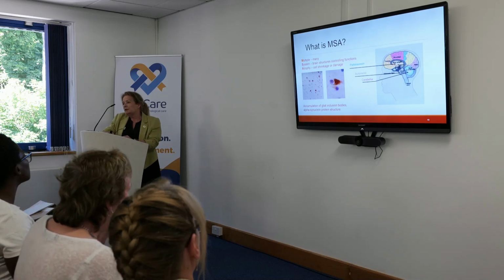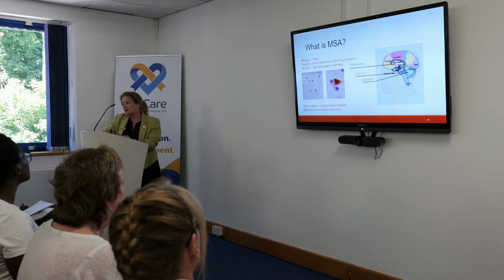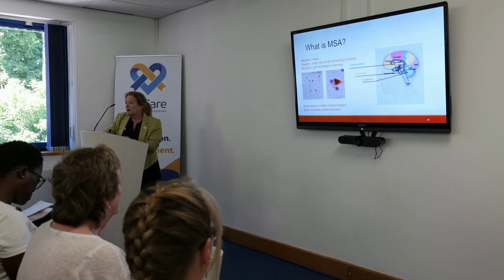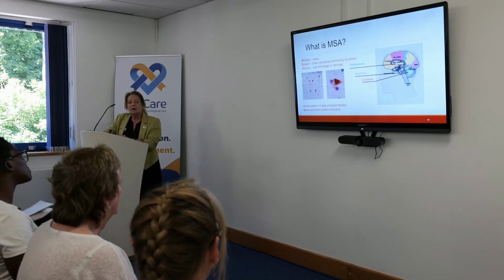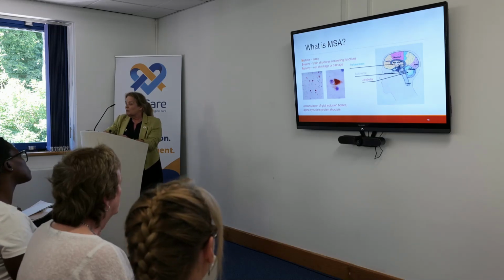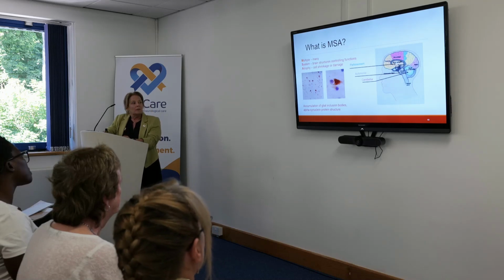But they will all have a degree of autonomic disturbance because the brainstem is also affected in early disease. Of course, your brainstem houses your midbrain, pons and medulla, and that's all responsible for your autonomic system. So that's why we see these early autonomic symptoms.